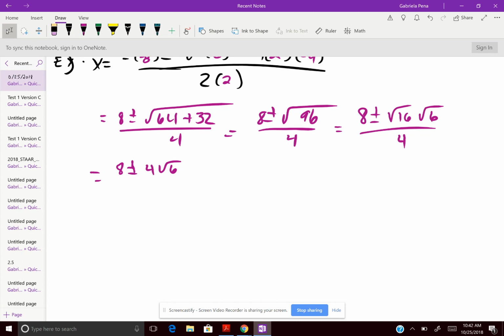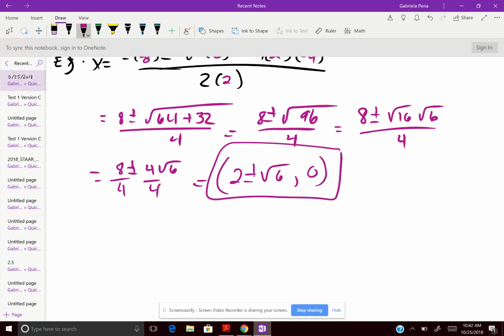Can you take the square root of 15? No. Can you take the square root of 5? No. Obviously, those were not numbers you were supposed to use. It was supposed to be 25 and 3. And then this becomes 2 plus or minus square root of 6, comma 0.